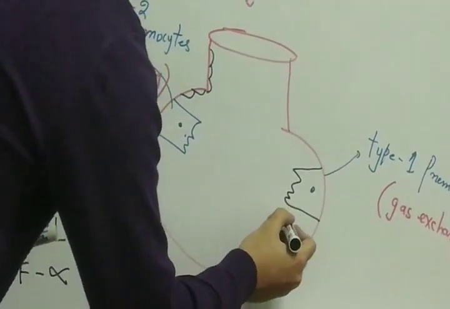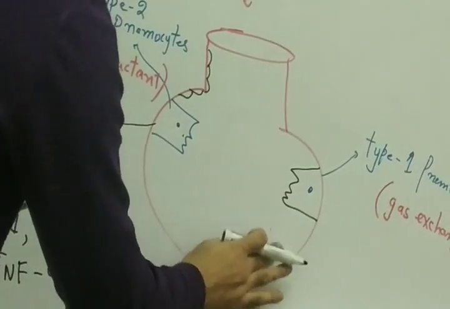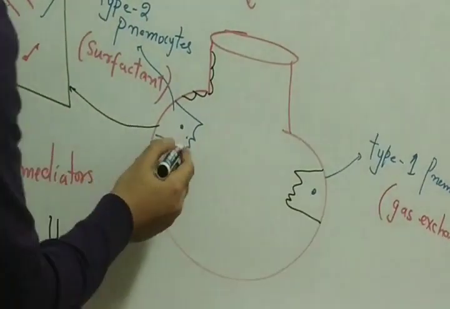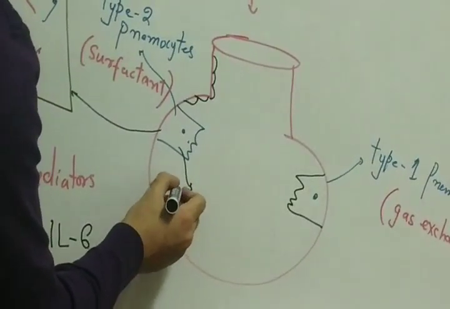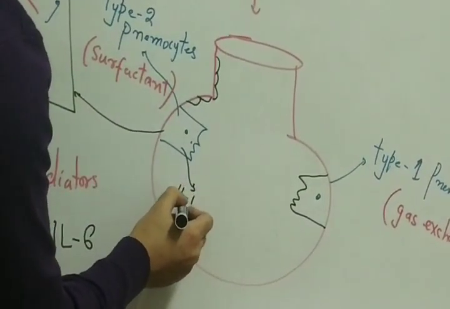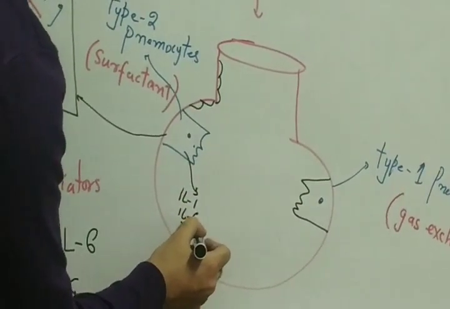We are talking about type 2 pneumocytes. There is secretion of inflammatory cytokines. Which cytokines? Interleukin 1, interleukin 6, tumor necrosis factor alpha.